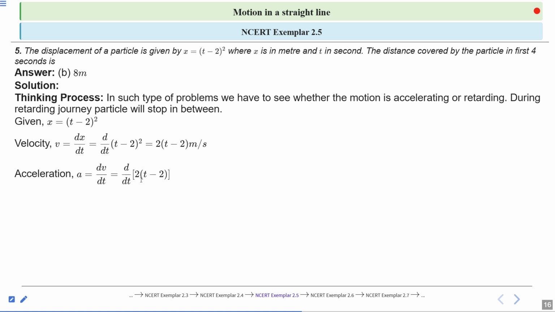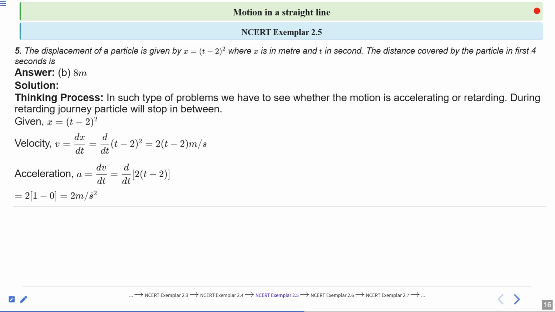Now take the derivative. 2 is a constant, so it comes outside, and the derivative of t is 1. So 2 × 1, and the derivative of 2 is constant, so minus 0. So it will be 2 meter per second square. So this is the acceleration.